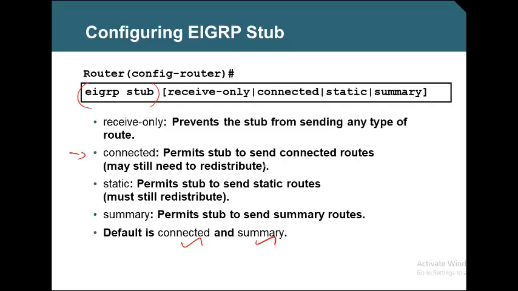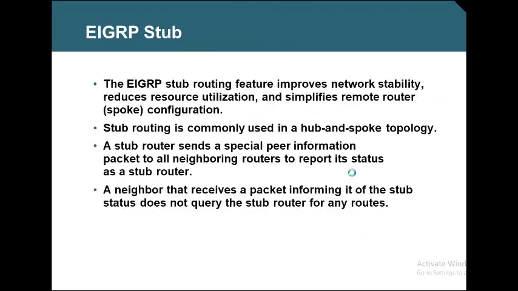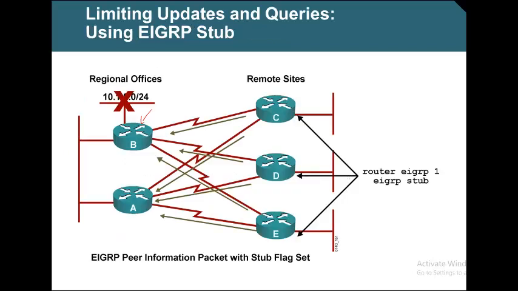It won't take responsibility for those networks. Whatever learned from B, C will not take responsibility. It takes responsibility for only the directly connected. It will go and say, these 3 networks only I am responsible for. If you have any query, I'll answer for these 3 networks. That is stub connected. Next is stub summary.